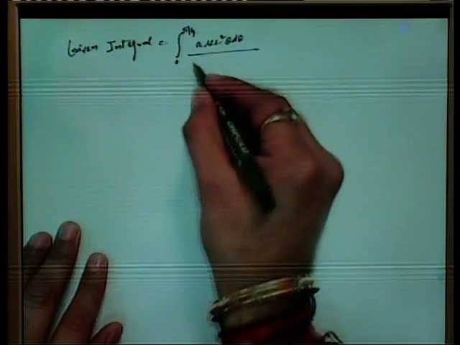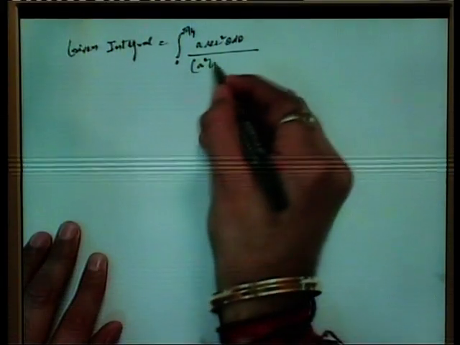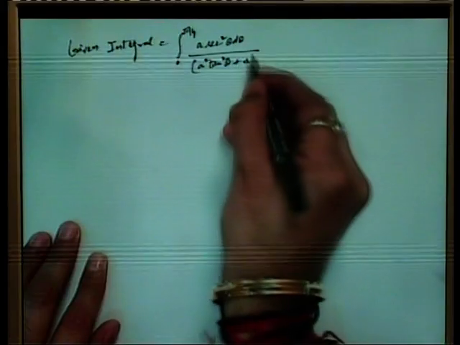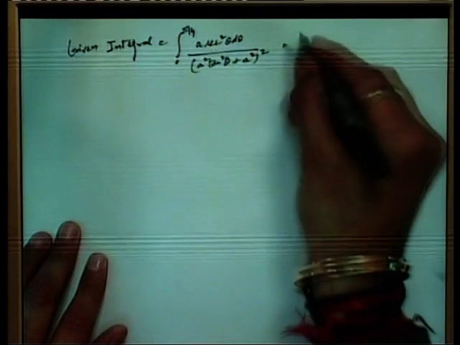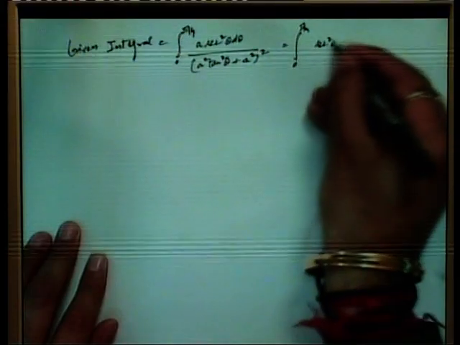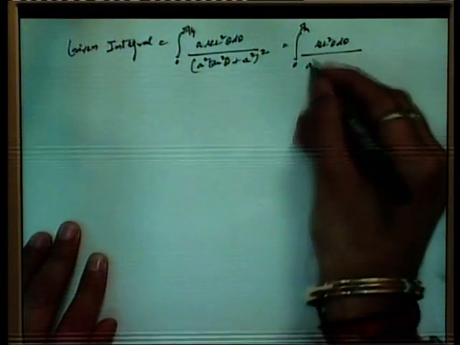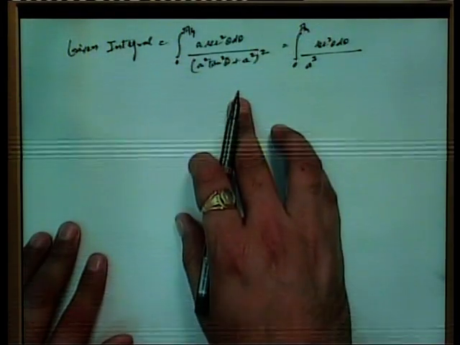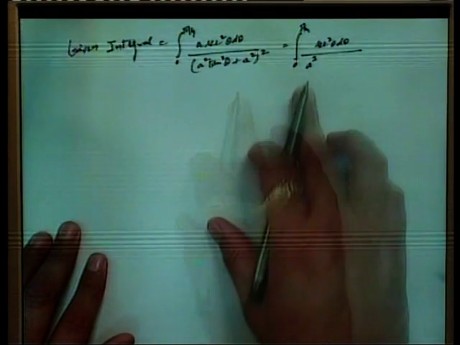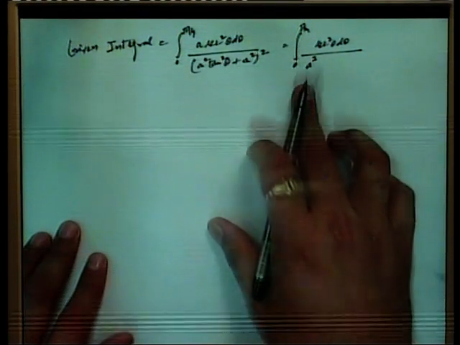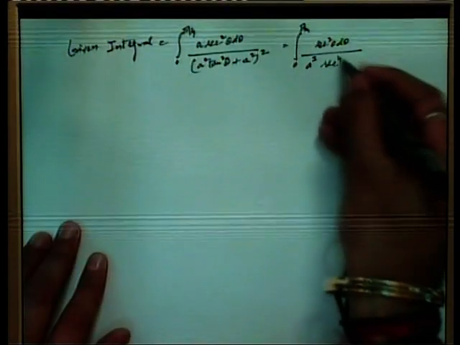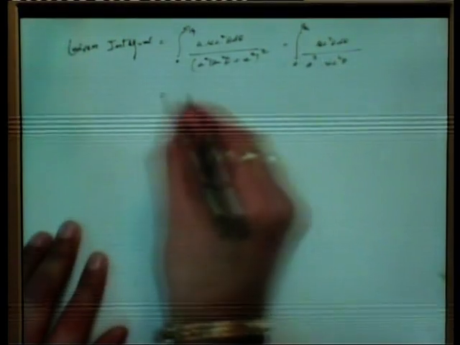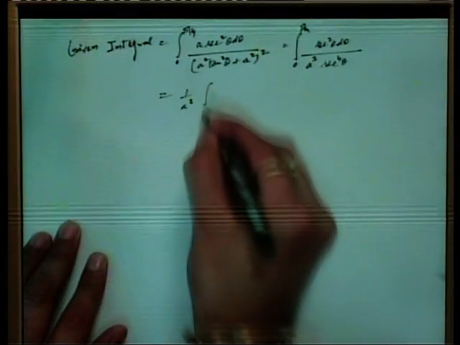Now x is a tangent theta, so we have a square tan square theta plus a square, whole square. You are left with a cube. Taking a square common from the denominator, it becomes a to the power 4, and after cancellation you get a cube. So 1 plus tan square theta is secant square theta, that is secant power 4 theta. So this becomes 1 over a cube, from 0 to pi by 4.